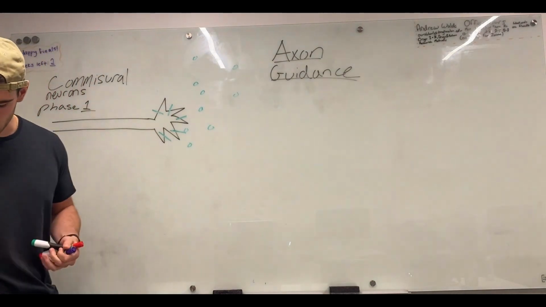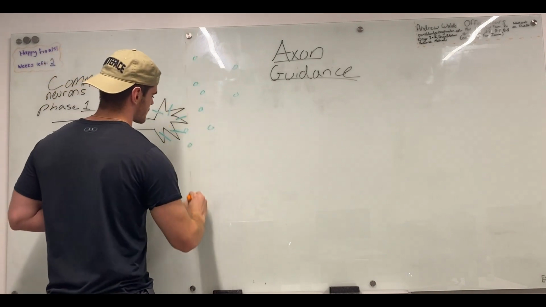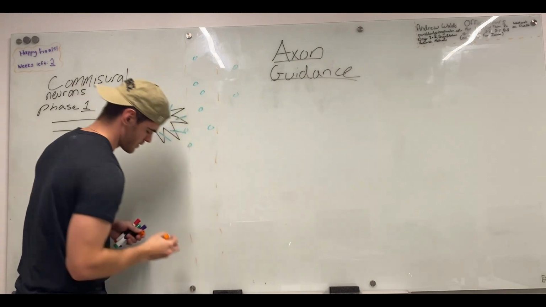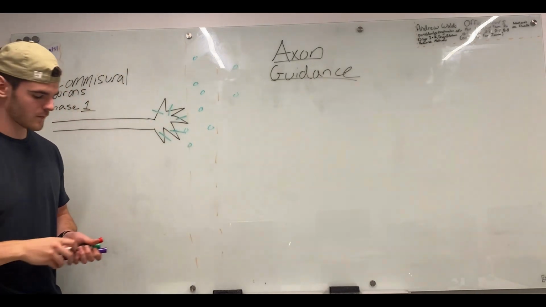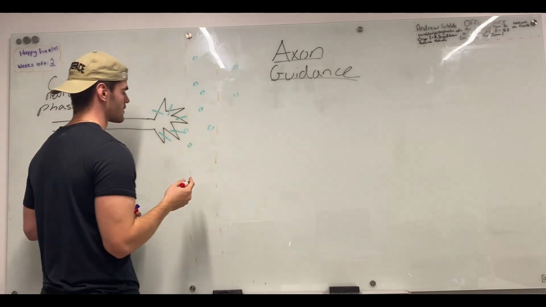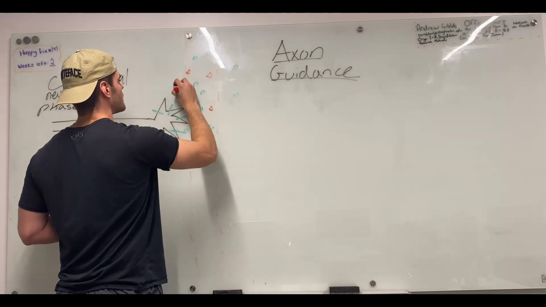Okay, so actually I'll represent the midline as this orange line. What also is a high concentration is SLIT. Okay, SLIT is really high concentration by the midline.